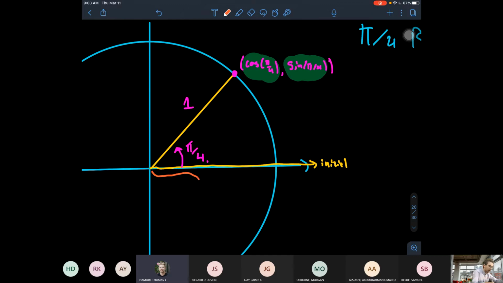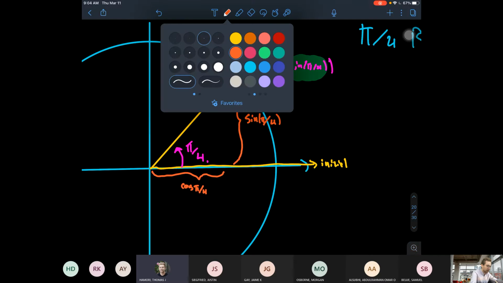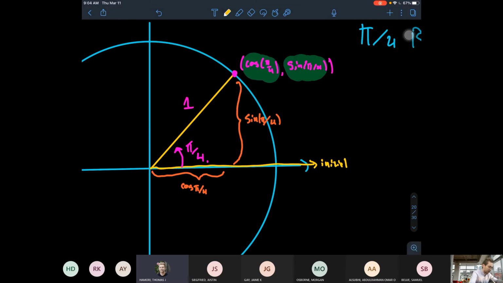They would say you should walk cosine pi over 4 units to the right. And then after that, you should walk sine of pi over 4 units up. So what I'm going to do is just fill in the sides of this triangle.